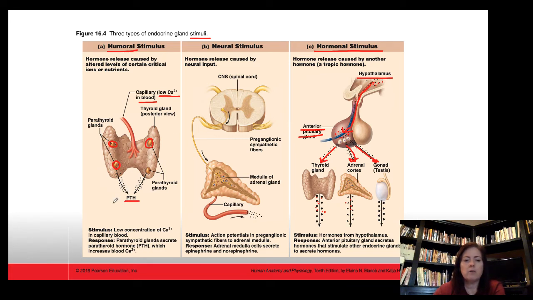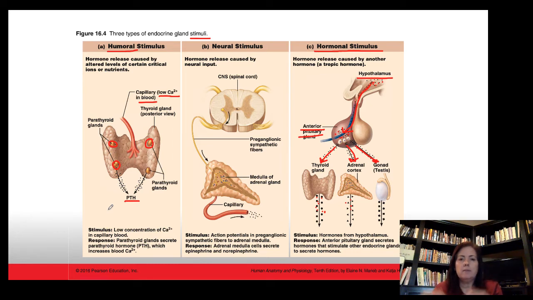And what parathyroid hormone does is it stimulates bone to be broken down to release its stored calcium. And that's something that we know about, right? Calcium has played a huge role in a lot of processes that we've talked about in the body, especially like muscle contraction.